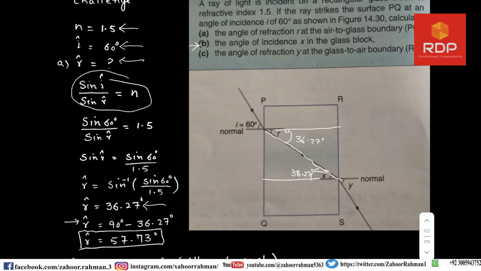Now we are turning our focus to the C part, the angle of glass to air. Here it is given first the glass and then air, so the situation is now reversed. First it was air to glass, but here from the denser medium it is going to the rarer medium.